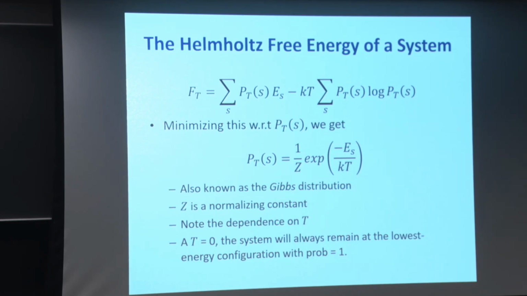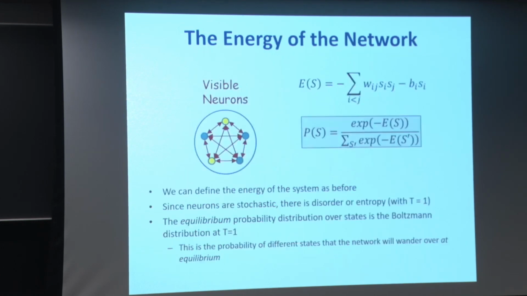You can do it without invoking fancy math: it just tries to minimize the free energy of the system at any given temperature, right? Note the dependence on T. At temperature T equals 0, the system will always remain at the lowest energy configuration with probability 1. It's beautiful, right? It just falls out.